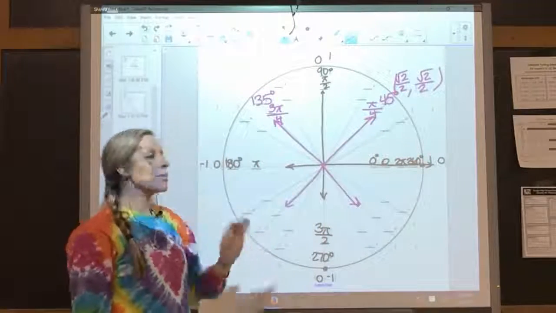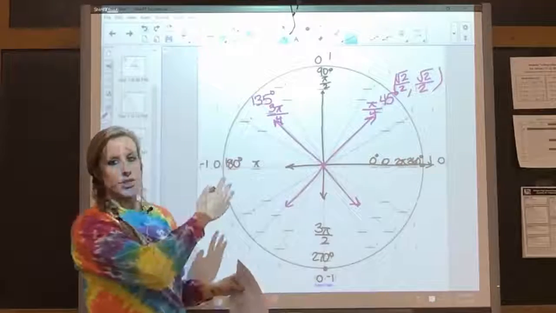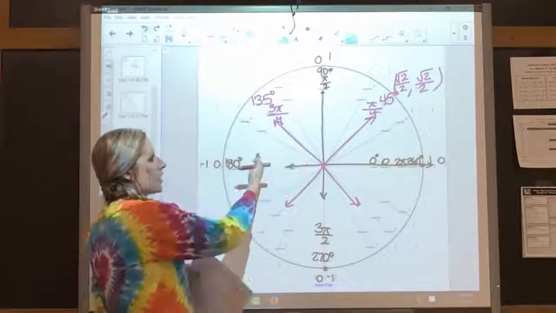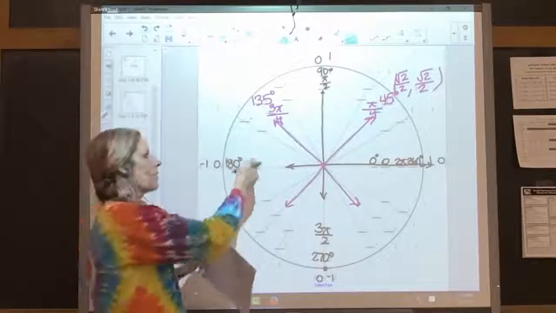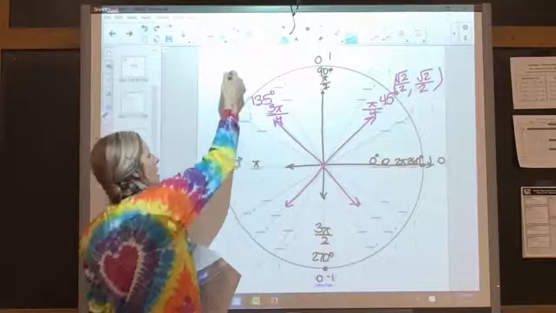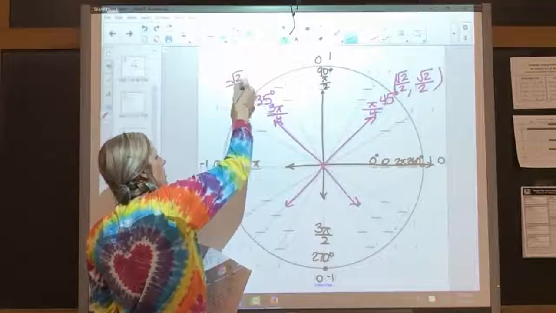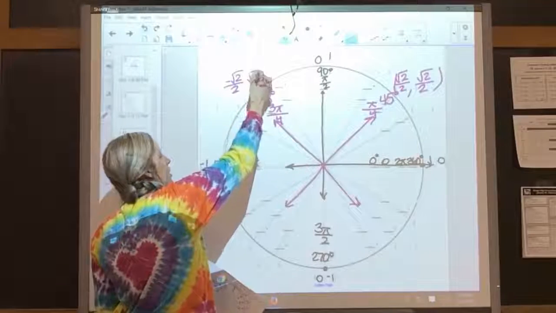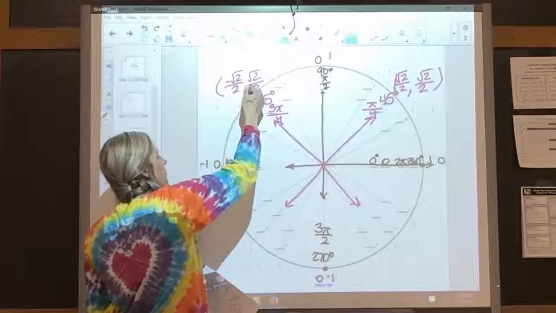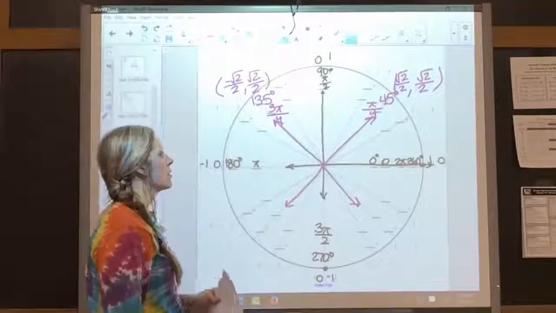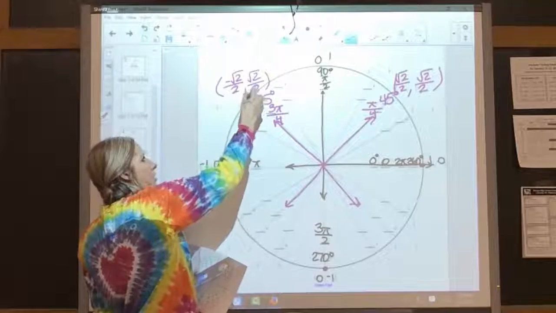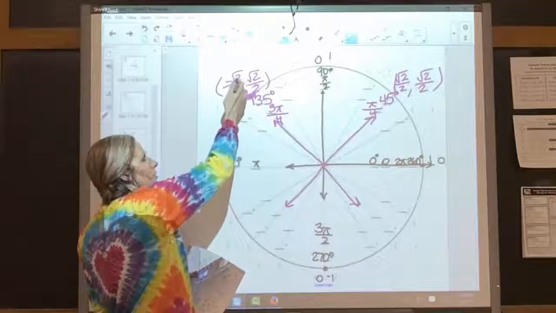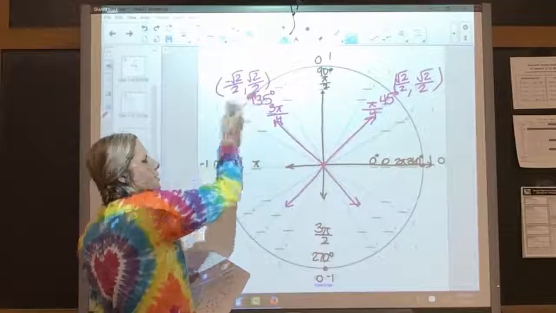But the thing you have to think about is we're in the second quadrant, right? So my x value isn't going to be positive. My x value for this quadrant is going to be negative square root of 2 over 2, and my y value is going to be positive square root of 2 over 2. So at this point on the circle, that point is negative square root of 2 over 2 and positive square root of 2 over 2.